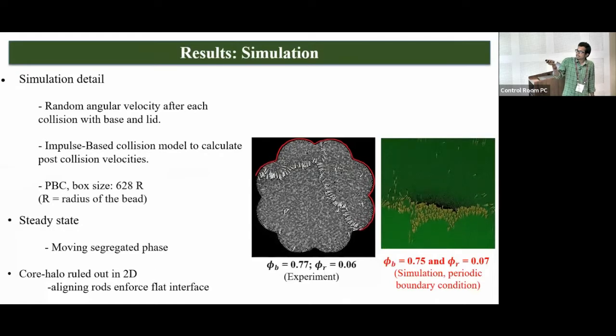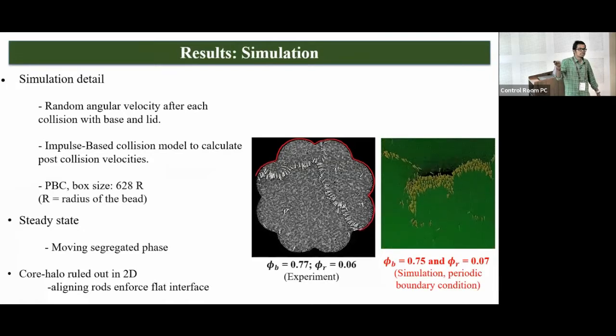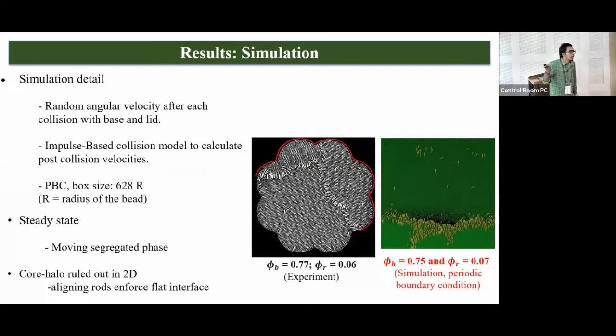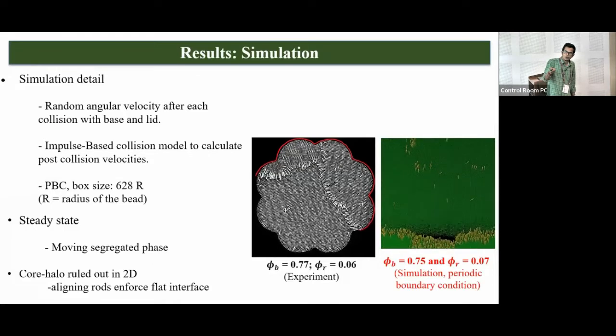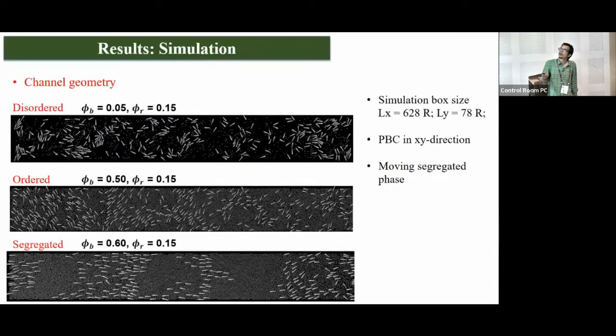This phase is essentially equal to the phase in the experiment, but because the experimental size is limited, we don't see a trail of bead-poor region behind it in experiments. We had already explained why core halo is ruled out in 2D and why these aligning rods enforce a flat interface.